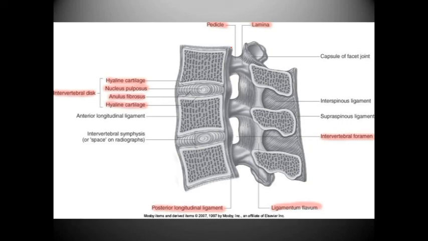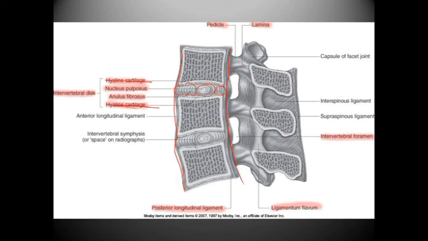I think this image kind of really demonstrates this very well. You have the anterior longitudinal ligament, the posterior longitudinal ligament. You have the intervertebral disc, where we're not going to worry about the hyaline cartilage, we're just going to worry about the nucleus pulposus, which is here, and the annulus fibrosus, which is the tough outer layer.